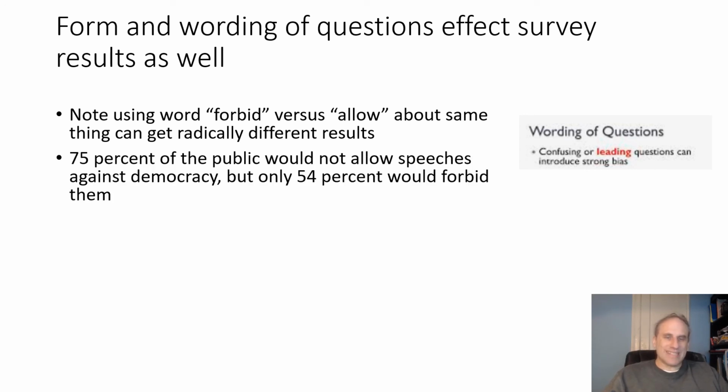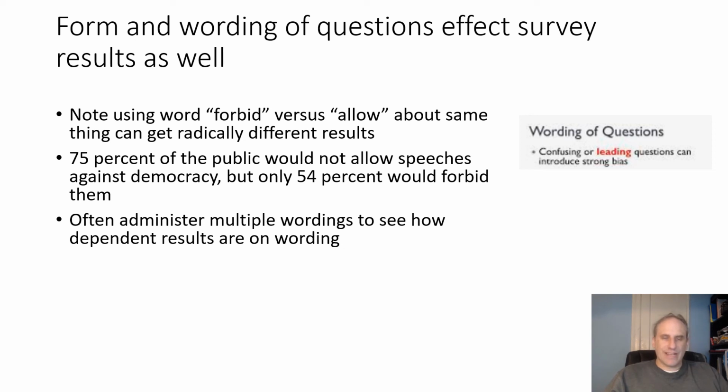For example, 75% of the public would not allow speeches against democracy, but only 54% would forbid them. Those results are really about the same policy question, but they get very different results because people are more comfortable not allowing things than forbidding them. So it's important to think about the words you're using.